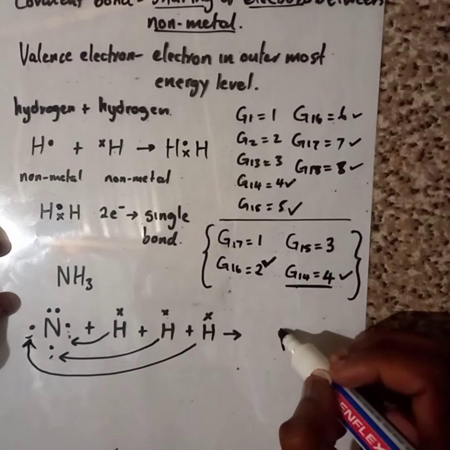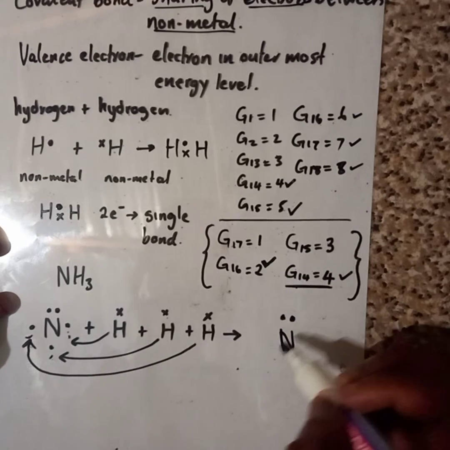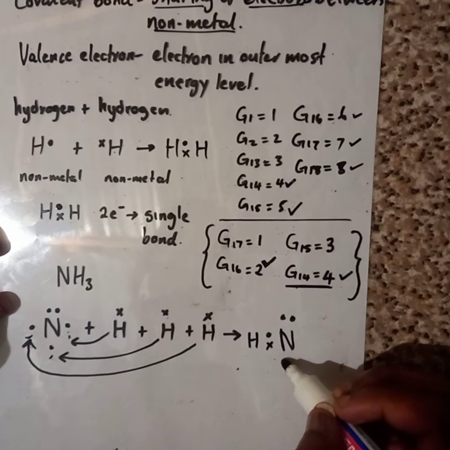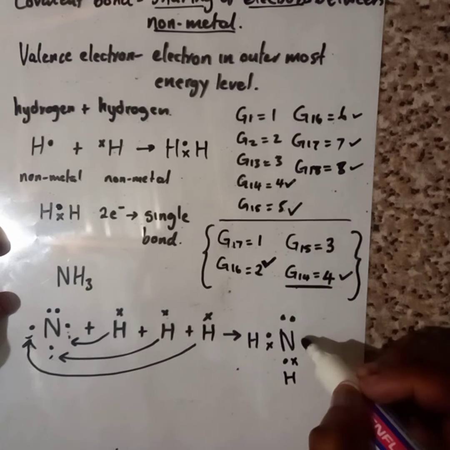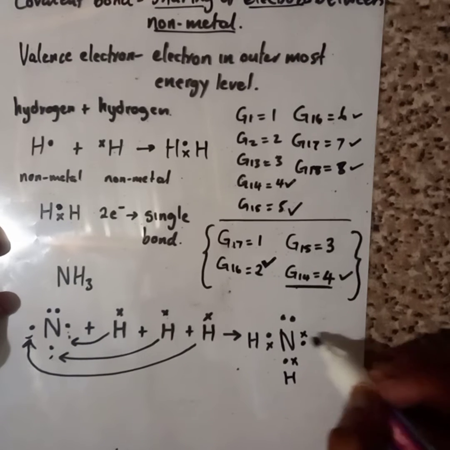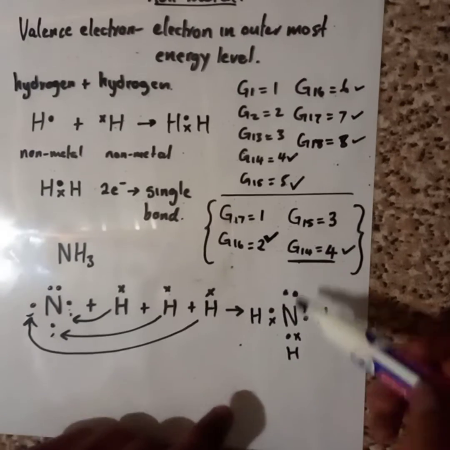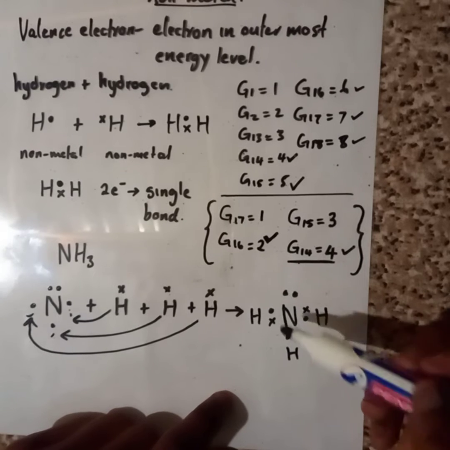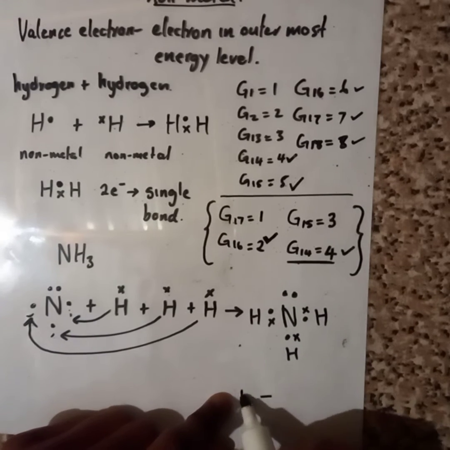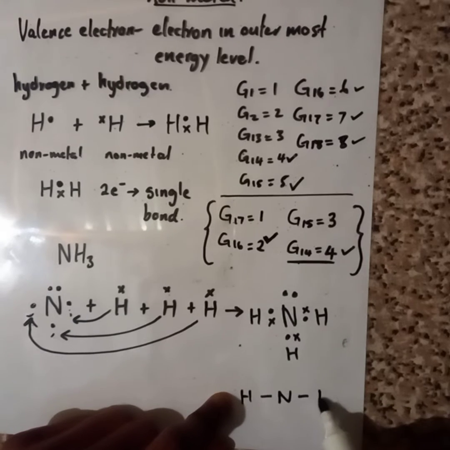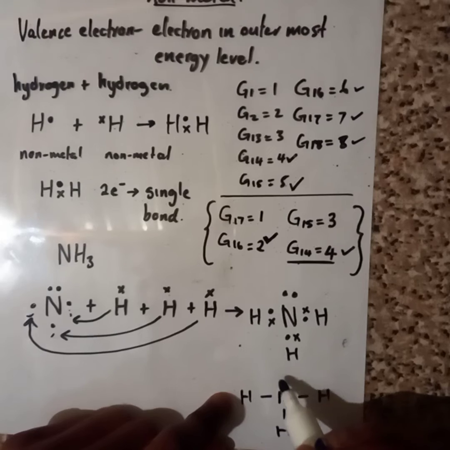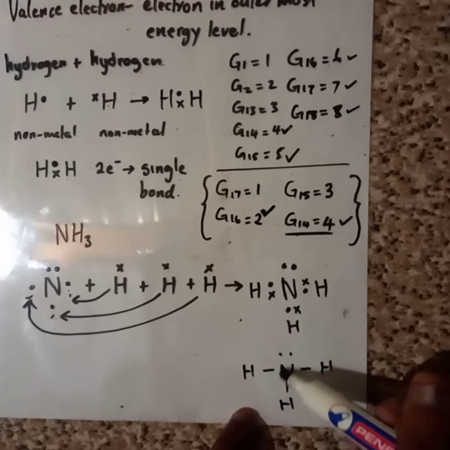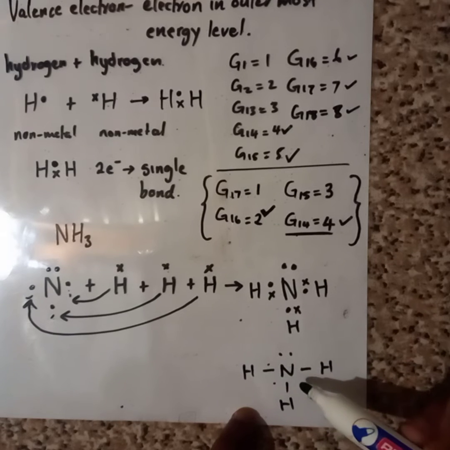At the end of the day, I'm going to have something which is like this now. H, something which is like this. You see, if I decide to replace this with what? With a line. At the end of the day, I'm going to have something like this. You see, how many bonds does nitrogen have? 1, 2, 3.